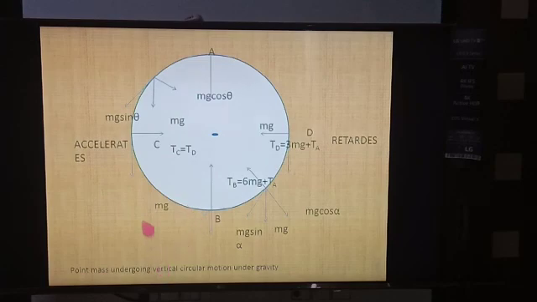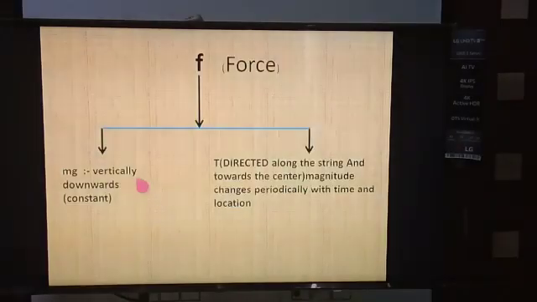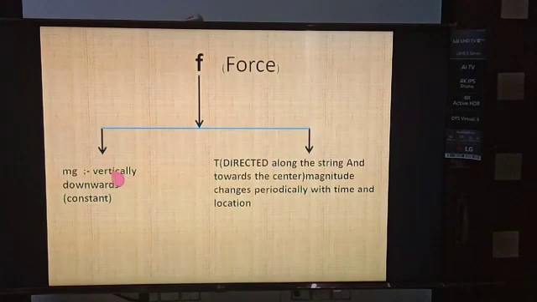If we focus on the forces, we know that at any position of the bob, there are only two forces acting on the bob. First one is mg, acting vertically downward, and it is constant. And the second force is tension. It is directed along the string and towards the center, but its magnitude changes periodically with time and location.